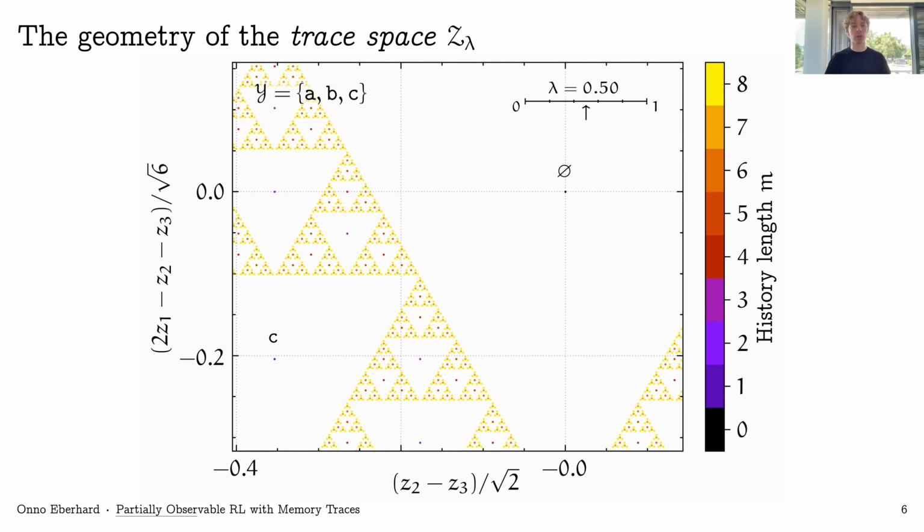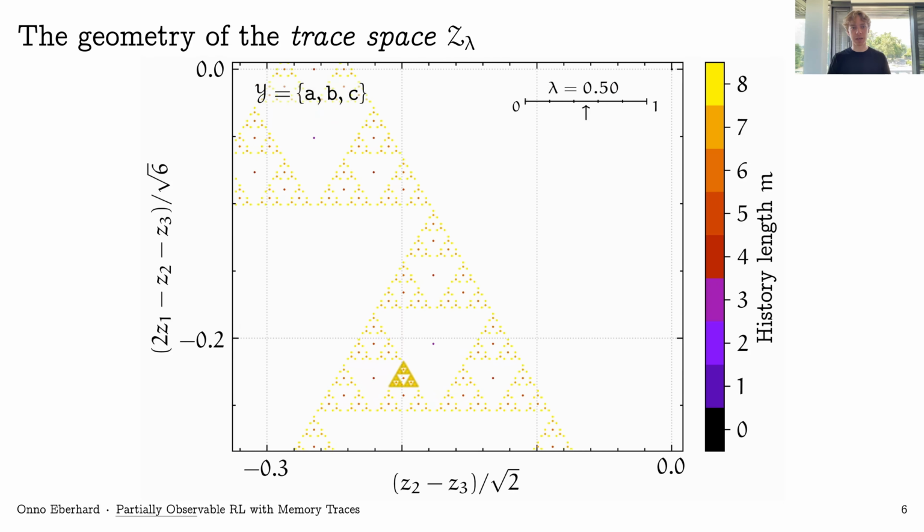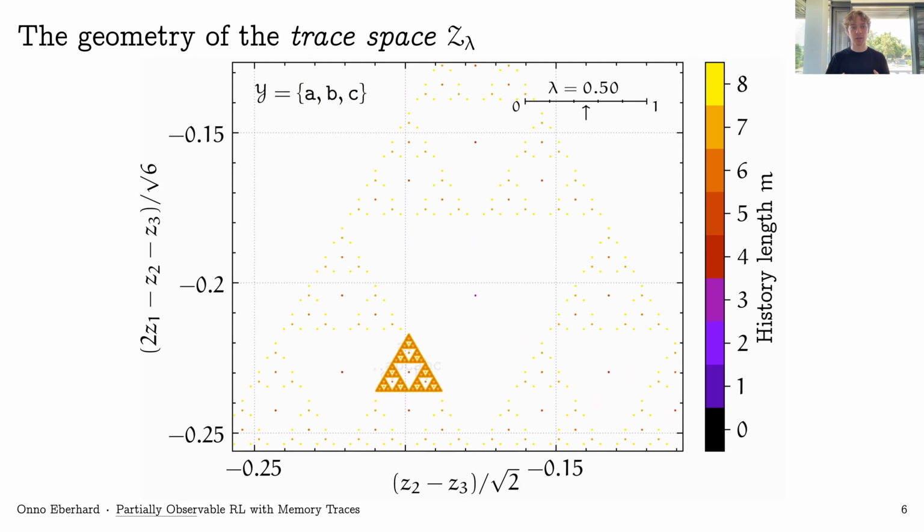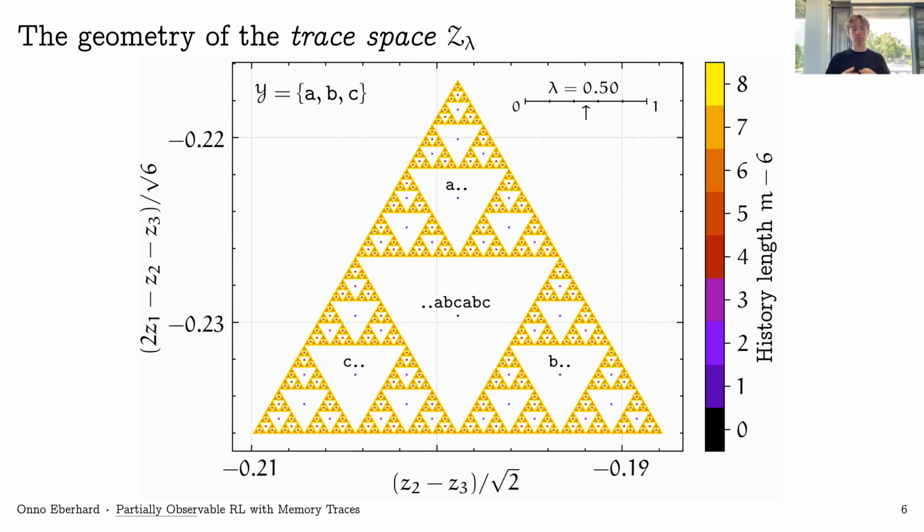Because of the recursive structure of how this space is defined, that means that all memory traces corresponding to histories that share a certain length of most recent observations will always lie in a triangle like this. So in this case, if the observation 6 time steps ago is different, then they will lie in two different triangles when you zoom in.